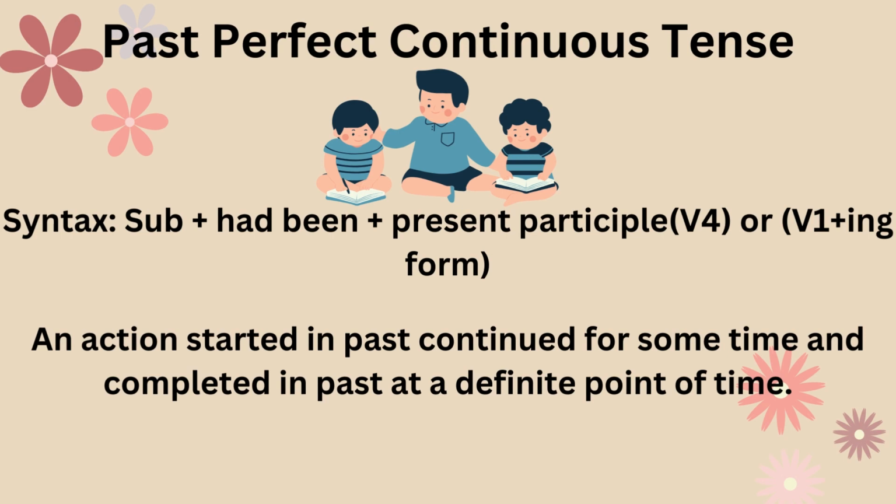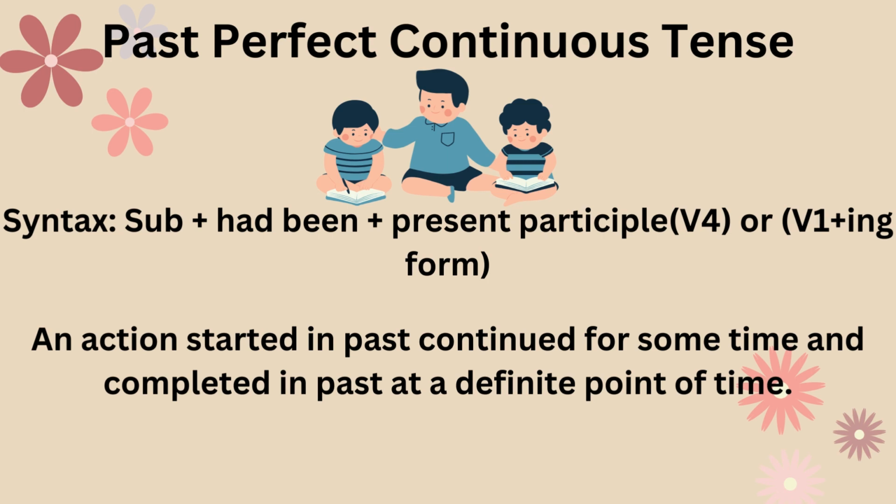And coming to the past perfect continuous tense, this is the last tense. Here an action started in the past, continued for some time, and was completed in the past at a definite point of time. What is the present perfect continuous tense?